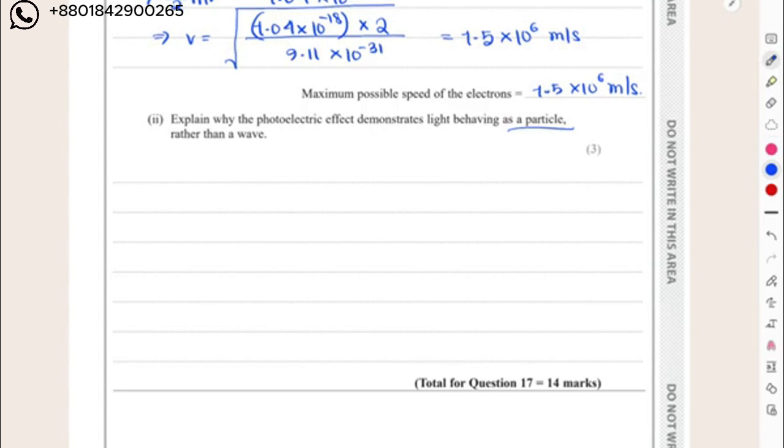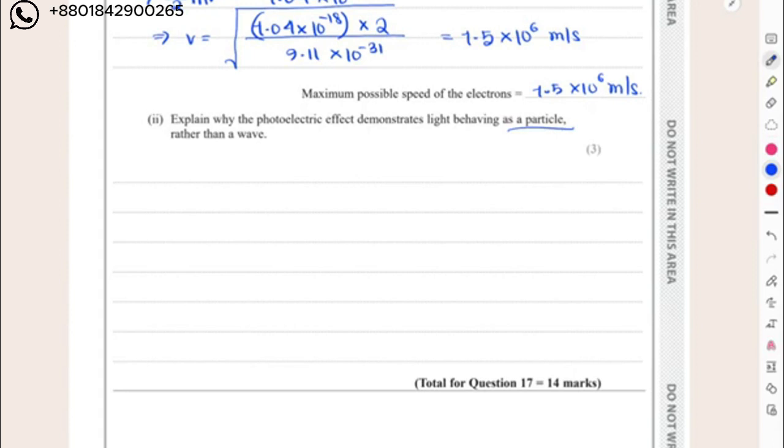The intensity of the light does not affect the release of electron emissions. Again, photon energy must be greater than the work function for kinetic energy to be possessed. That is also a very discrete value, which is only acceptable for particle behavior, not for waves.